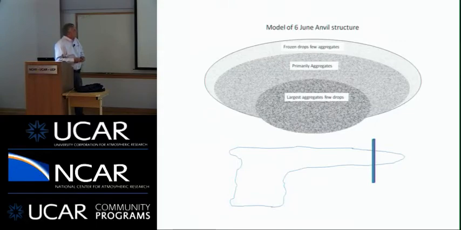So this is a core of large particles and smaller particles around the edge. So if you're looking from space, for example, your bias is going to be towards looking at these small droplets, because they tend to occur near the top of the cloud and at the edges. So this structure is something that was quite evident in the June 6th case.